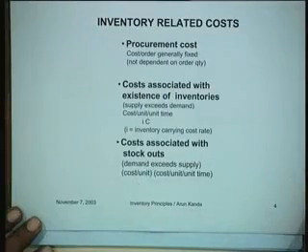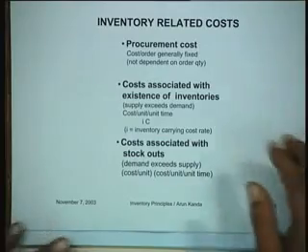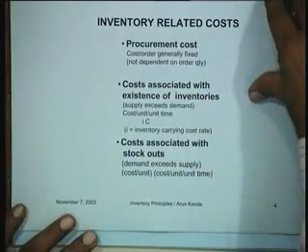So that sale is lost as far as the store is concerned, and the lost sales can therefore be expressed in terms of cost per unit in that sense, because it is not back ordered. So these are generally the major types of costs which are involved when you are dealing with inventory decisions.